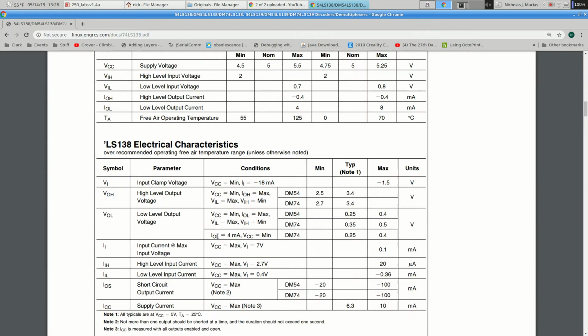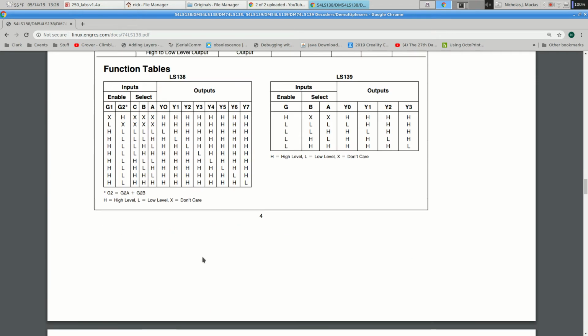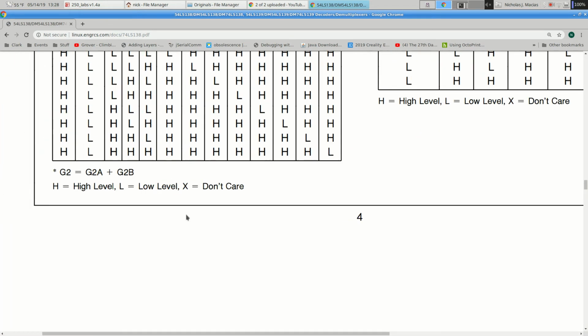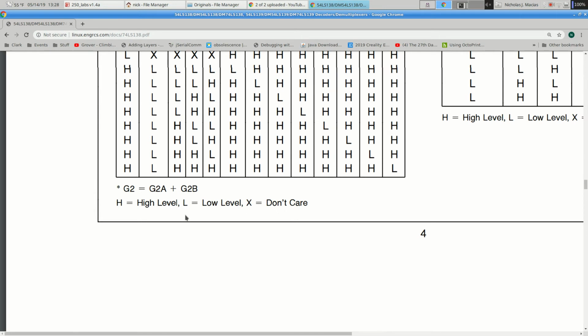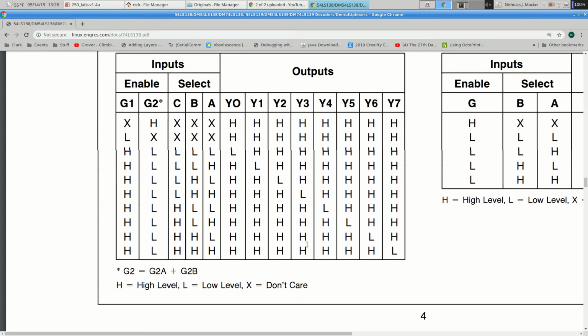Okay, what else does this selector do? Assuming it's enabled, so we're just looking at these lower pieces of the truth table. If your inputs are 0, 0, 0, then Y0 is low and all the other outputs are high.